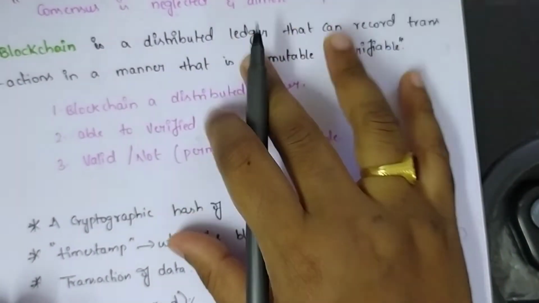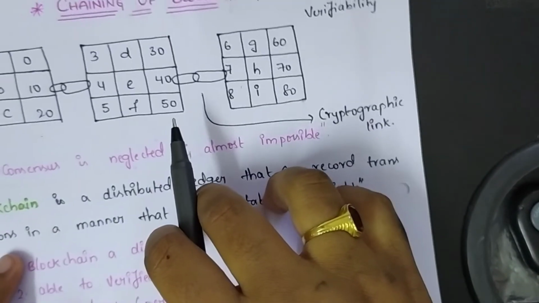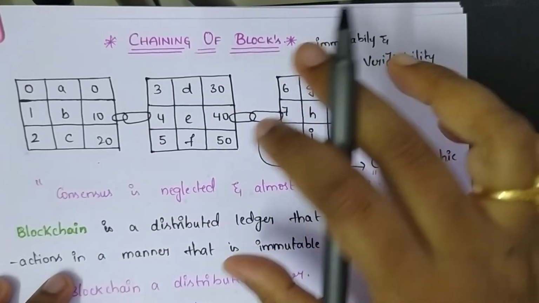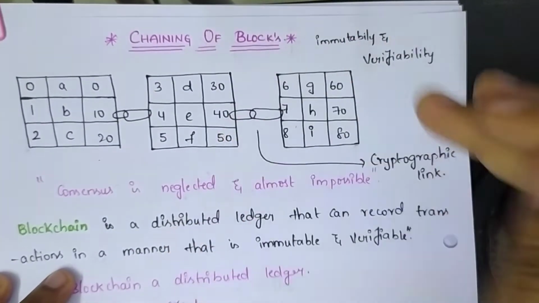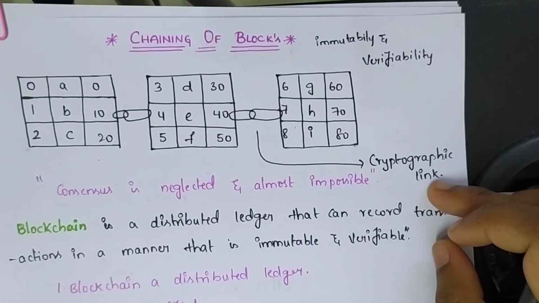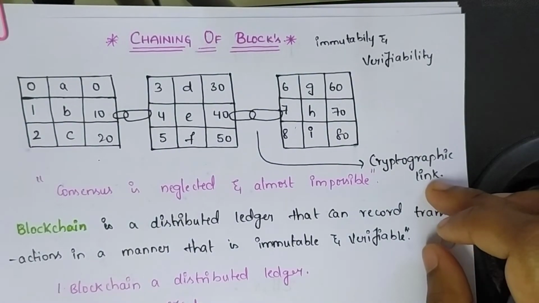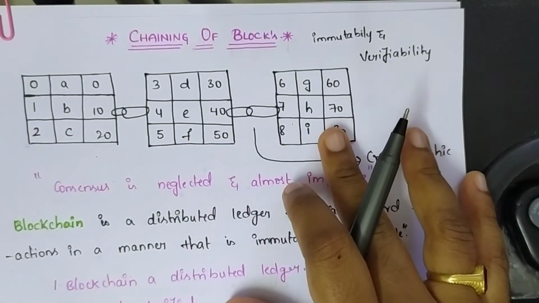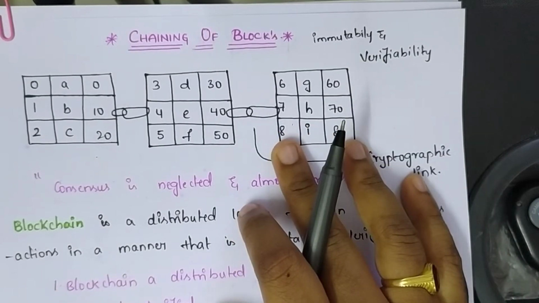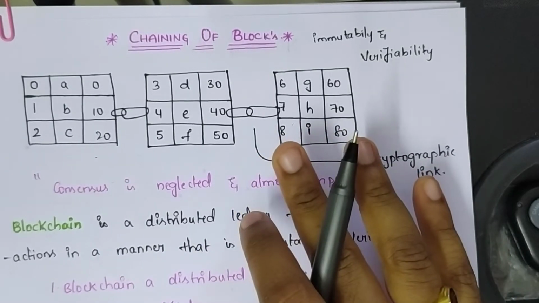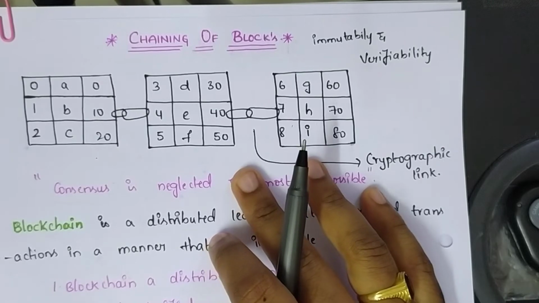This is the way the cryptographic link works. The cryptographic link between adjacent blocks will be broken. So, thanks to the cryptographic link, any transaction data in the block can't be altered after the fact. I already said that once data is entered into the blockchain, it cannot be altered.